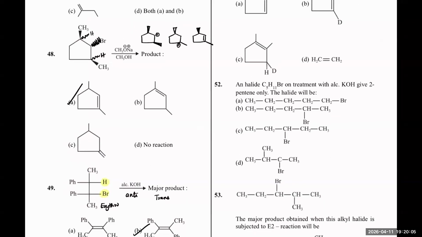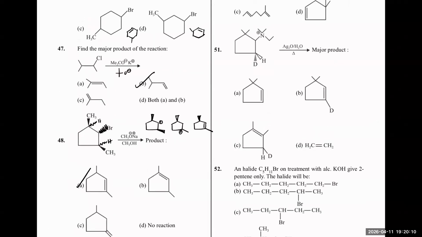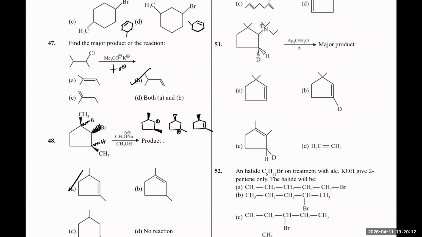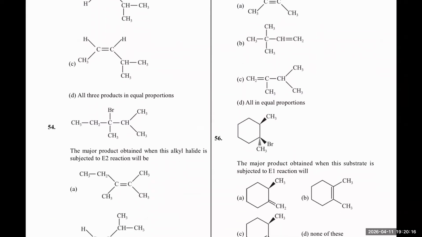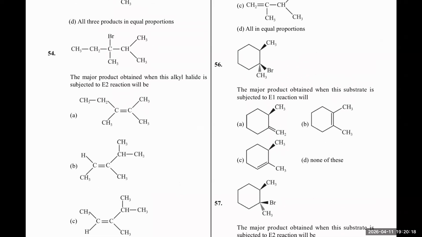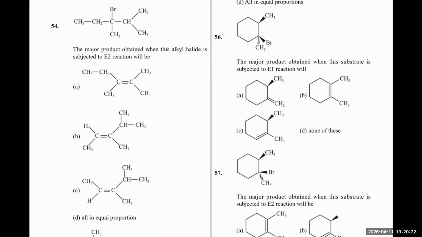So I hope all of you got these points, 47, 48, 49. Okay, next. These are similar ones, I'm just skipping a bit here. Come to 54 now. Please check 54. The major product obtained when the alkyl halide is subjected to E2 mechanism.